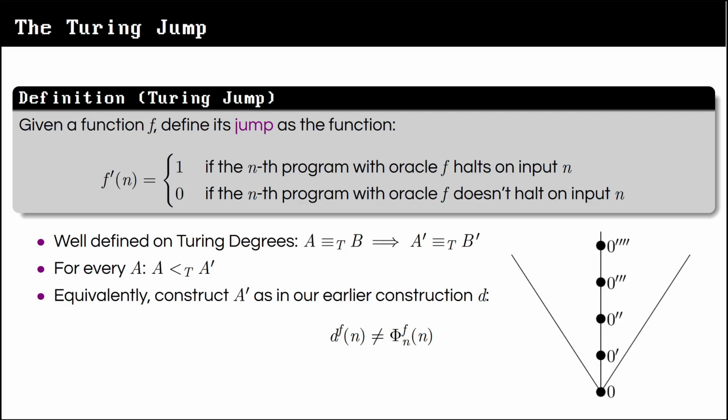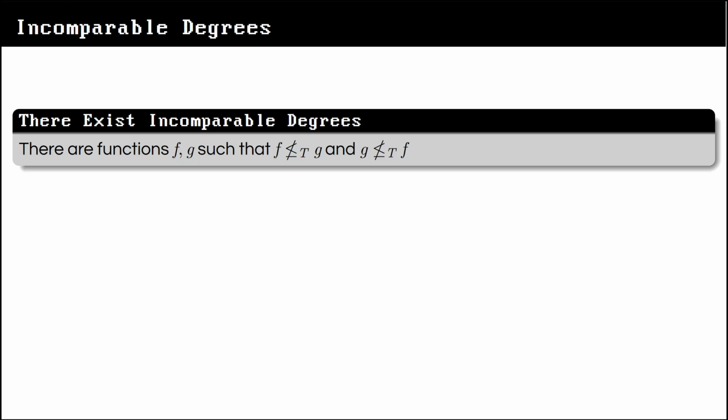One might wonder, are the Turing degrees linearly ordered? That is, given two degrees, is one necessarily Turing computable from the other? Given two functions, is one necessarily strictly more computationally powerful than the other? The answer is no. There are two Turing degrees corresponding to functions f and g, neither of which can compute the other.